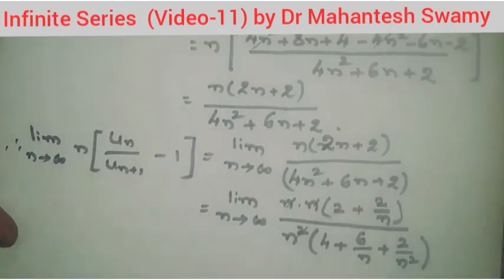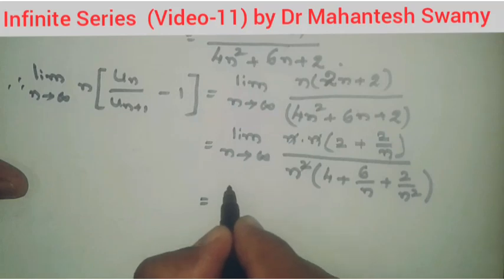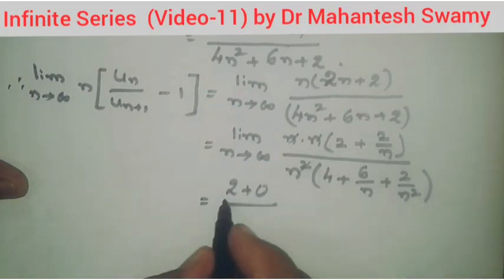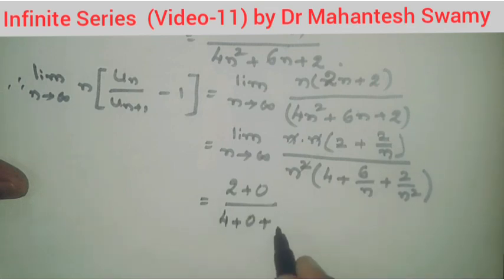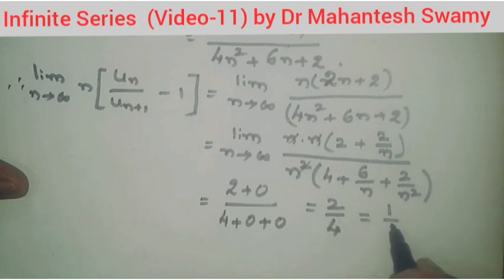So the remaining thing is, when I apply the limit, it is 2 plus 2 by infinity, which is 0, divided by 4 plus 6 by infinity, which is 0, plus 2 by infinity, which is 0. So it is 2 by 4. 2 by 4 is 1 by 2. 1 by 2 is always less than 1.